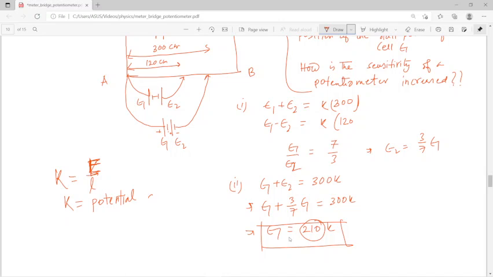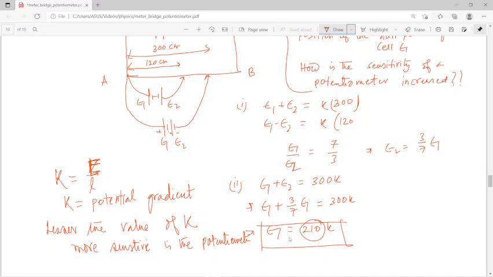So the lesser the value of potential gradient, the more sensitive is the potentiometer, that we know.